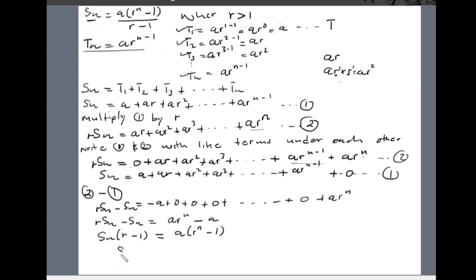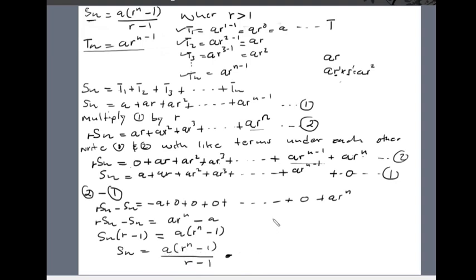So we have Sn is equals to, when you divide both sides of the equation by r minus 1, you will have a times r to the power n minus 1 divided by r minus 1. There you have it. This is your formula for a geometric series, okay?